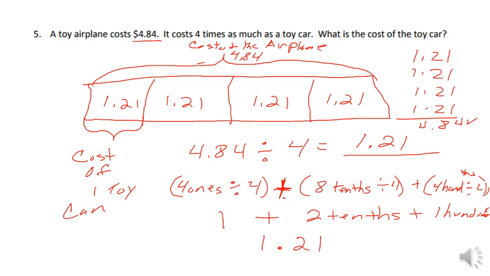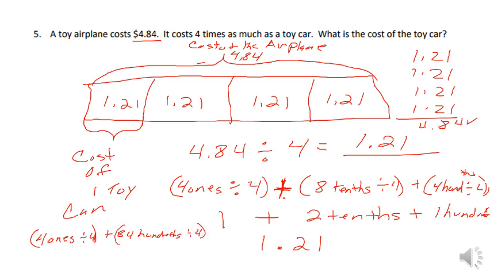Now, I could have simplified this. I'm going to come down here in the corner real quick. I could have gone with 4 ones divided by 4 plus, because I see that 84 is a multiple of 4, so I could have gone 84/100ths divided by 4.